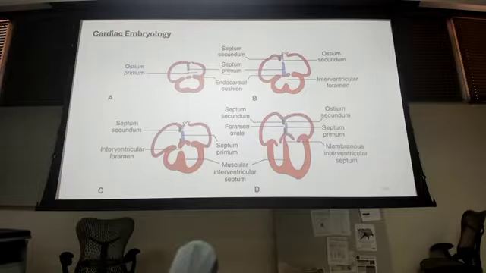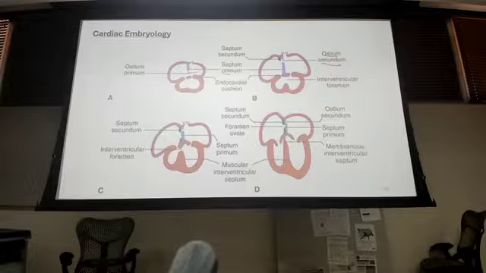So you get a little reabsorption of the septum primum, and it causes the development of the ostium secundum, second hole. Now, I don't want that hole to be permanent because I don't want that unregulated right to left or left to right shunting.